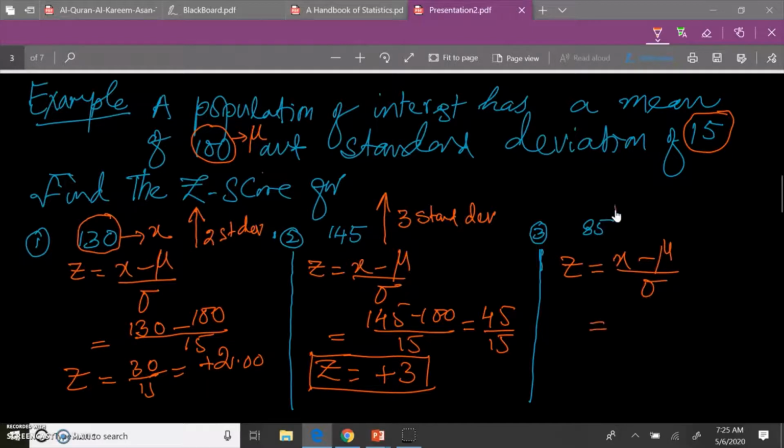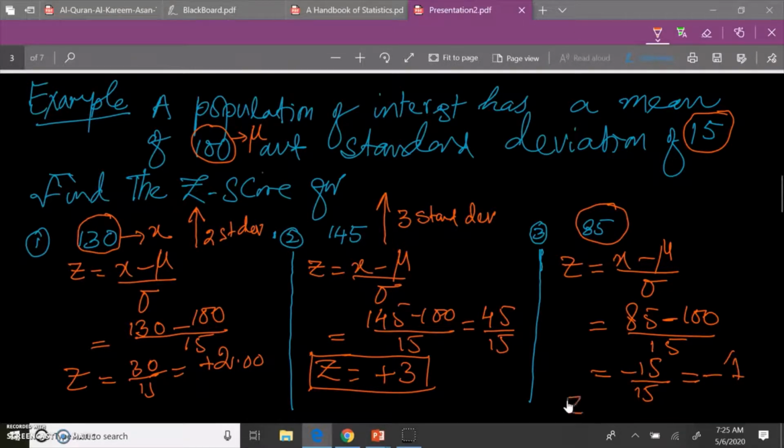Here, in the third case, our x value is 85 minus 100. The rest of the values are the same, divided by 15. So 85 minus 100 is minus 15, divided by 15, and the answer comes out to be minus 1. So the z value comes out to be minus 1.